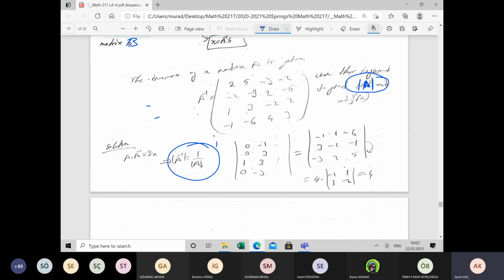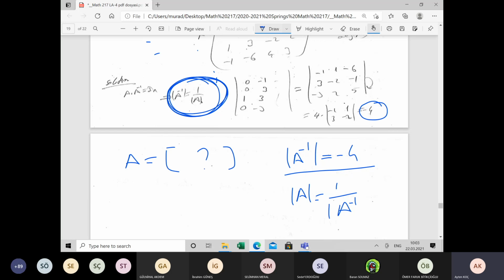So we compute only this determinant. For example, for the homework it may be -4. If this one is -4, the first step is to compute this determinant and use this fact, so we obtain -1/4.